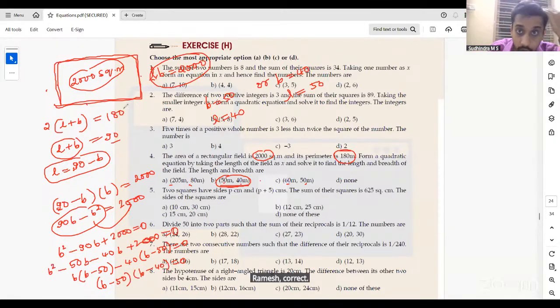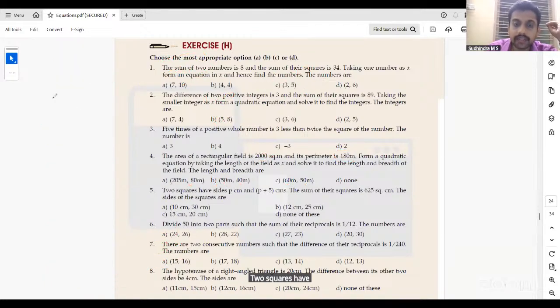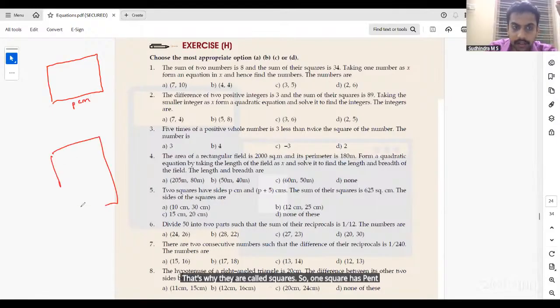Fine. So, what have they given us? Two squares have sides p centimeter and p plus 5 centimeters. We all know squares have equal sides, that's why they are called squares. So one square has p centimeter, the other has p plus 5 centimeters.